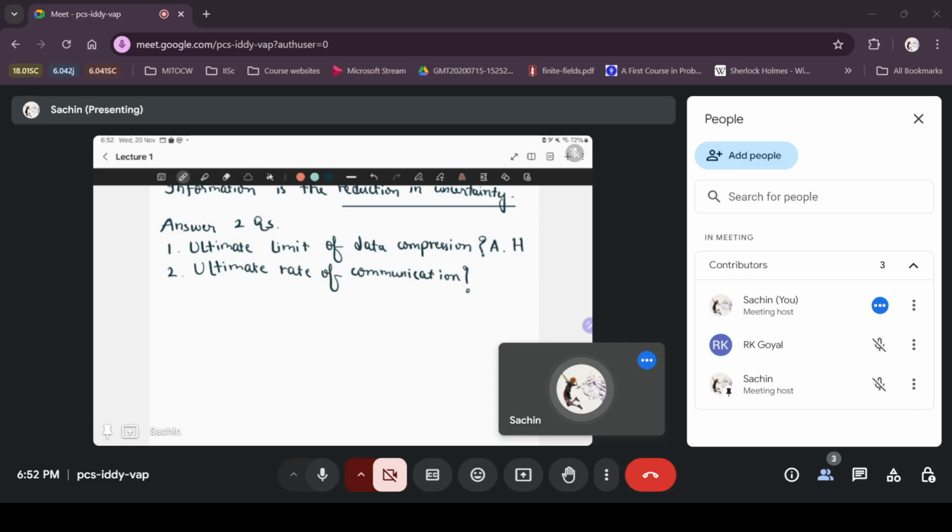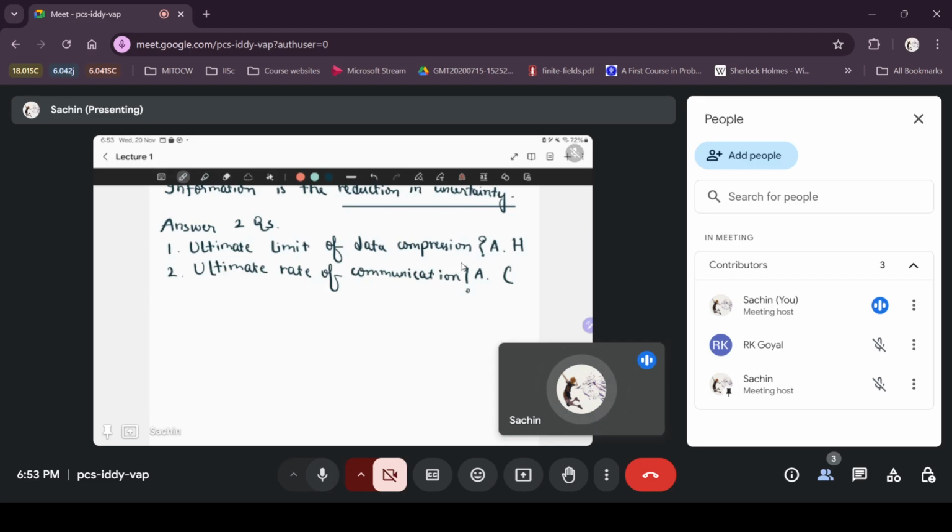In the process, the channel will add a lot of noise. So this question will tell you at how much rate you can send or receive information over a channel. That will depend on the noise present in the channel and the signal strength that you are using to send the information. But in an information theoretic sense, it will depend mainly on a quantity called the capacity of the channel.